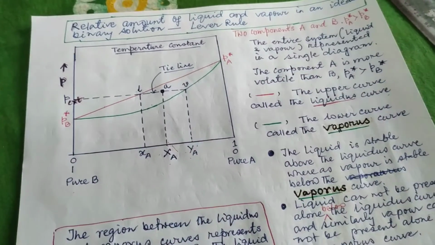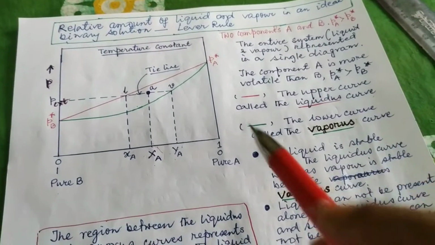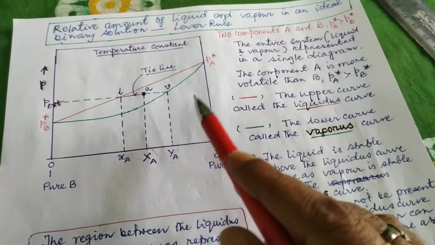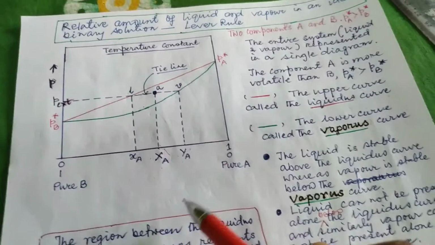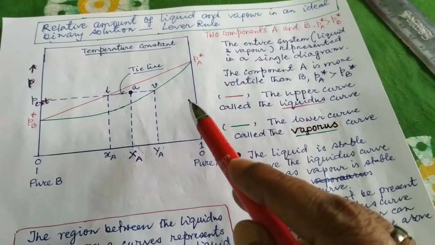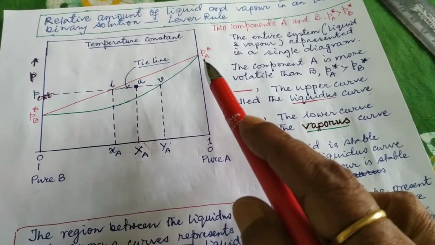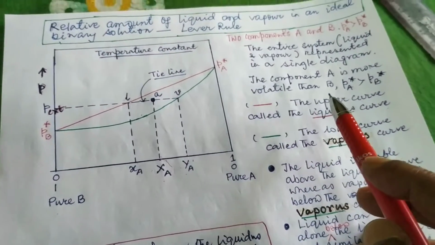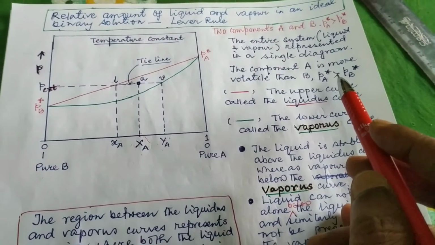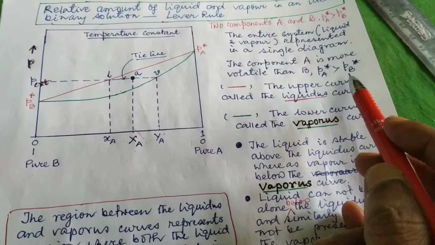Now, component A is more volatile than component B. Therefore, the pressure of pure component A, Pa star, is greater than the pressure of pure component B, that is Pb star.